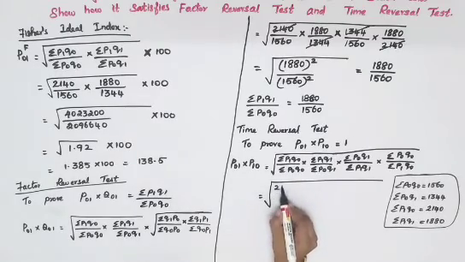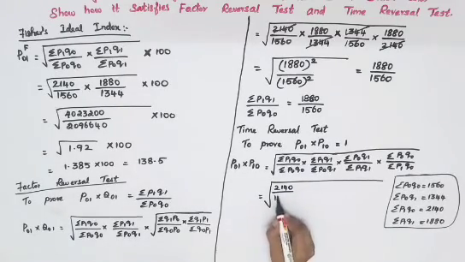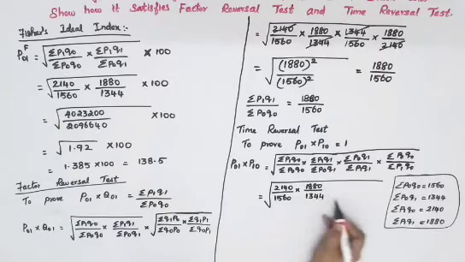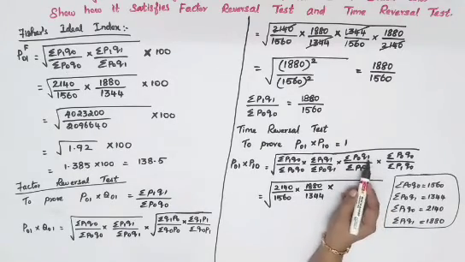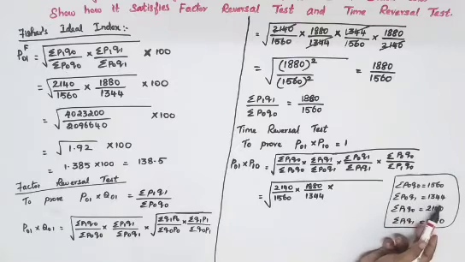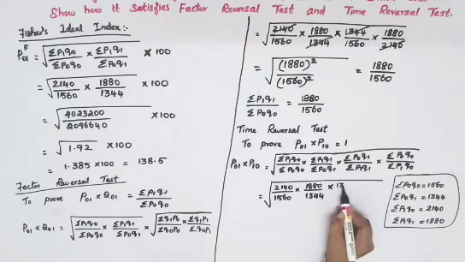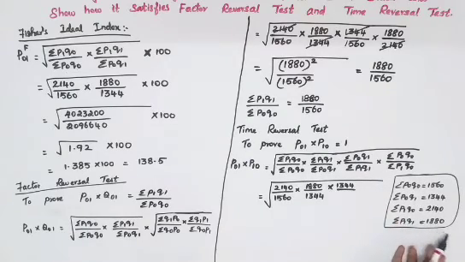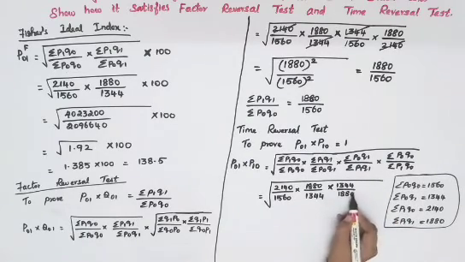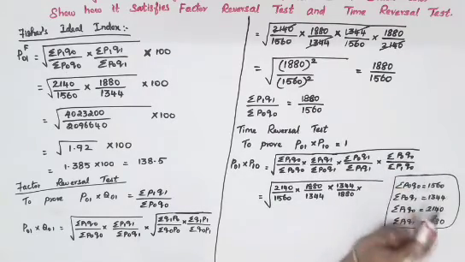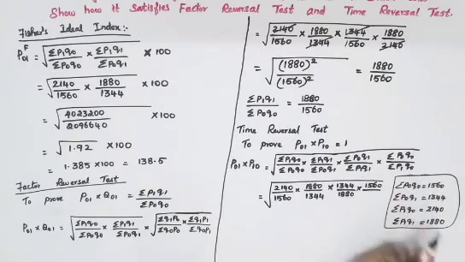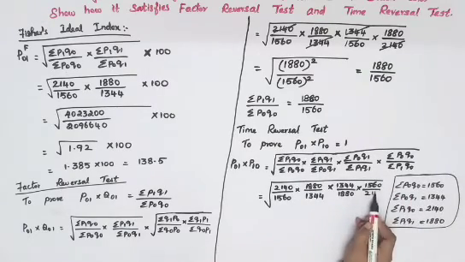So 2140 divided by 1560 into 1880 divided by 1344, into now P naught Q1, which is 1344, divided by P1 Q1, the last part, 1880, into sigma P naught Q naught, which is 1560, divided by sigma P1 Q naught, which is 2140.